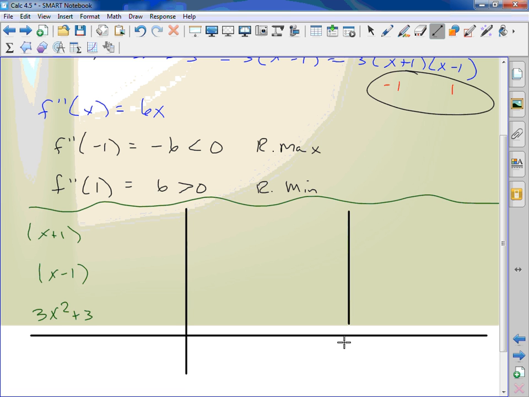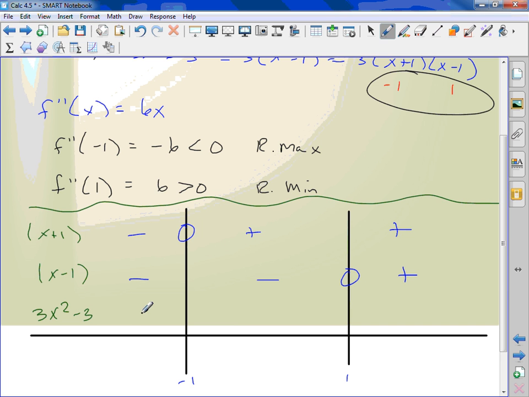I add 2 zeros. This 0 was at negative 1 and 1. That's a 0. That's a 0. To the left of this one, it's negative. To the right is positive. To the left of this one's negative. To the right is positive.